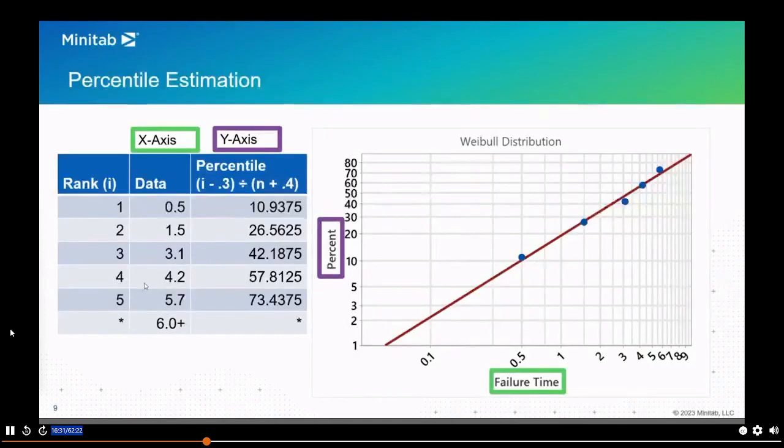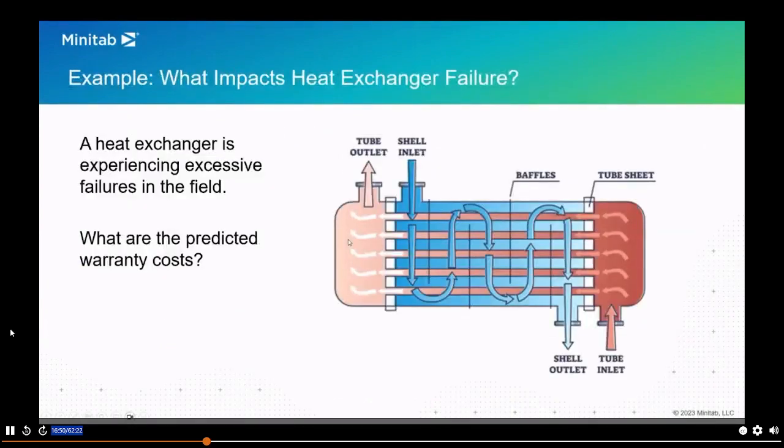That's what's done a lot in reliability. We often have to do what we don't do in most other statistics: extrapolate to what might happen in the future and continue drawing that line beyond where we have failures.